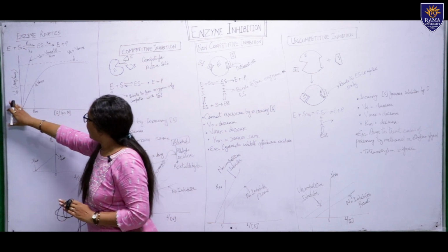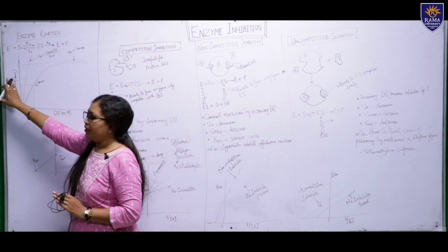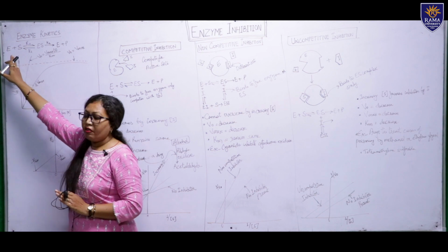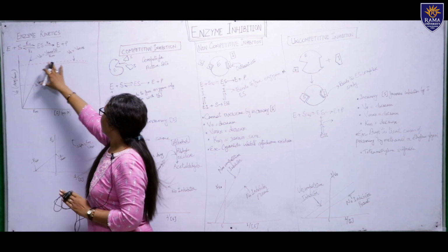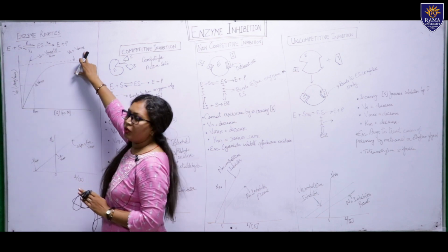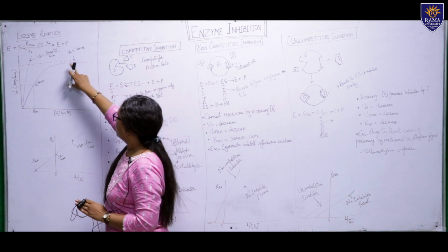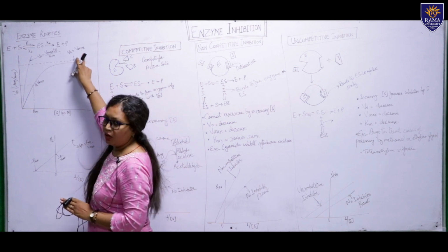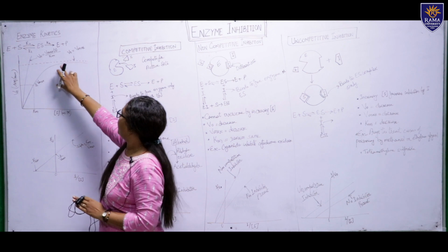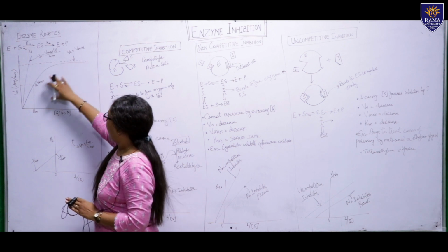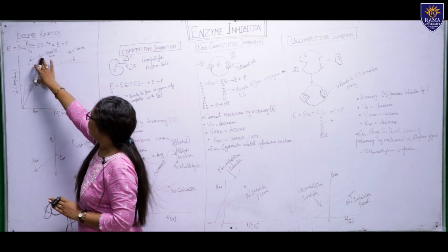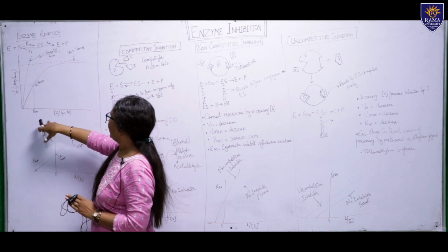If we are measuring V naught, the initial reaction velocity, on the y axis, we can see that V naught reaches its maximum value. This maximum V naught is called V max.